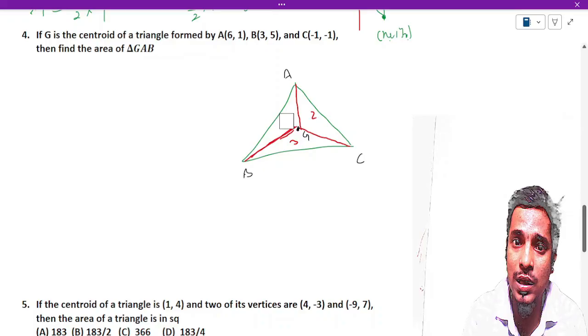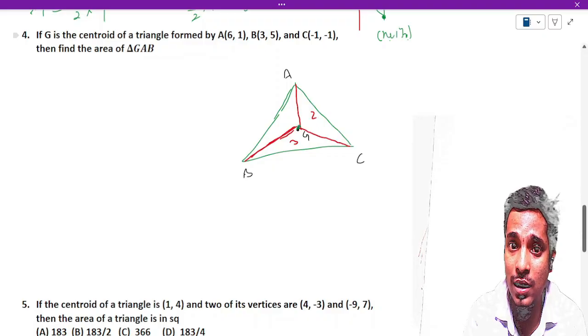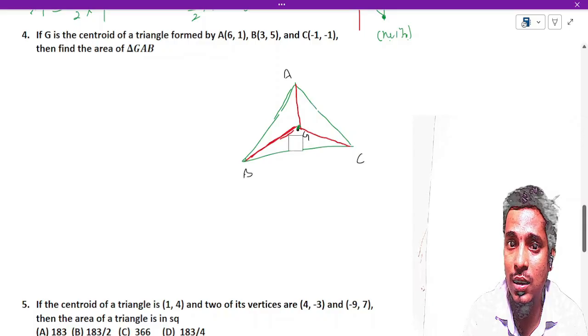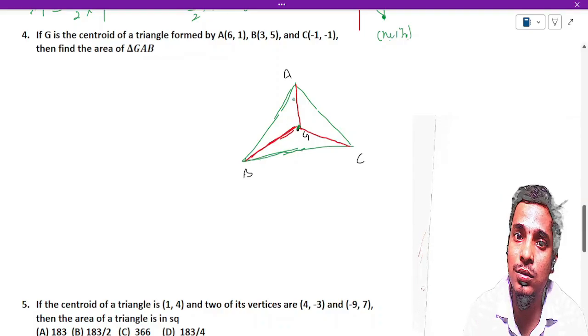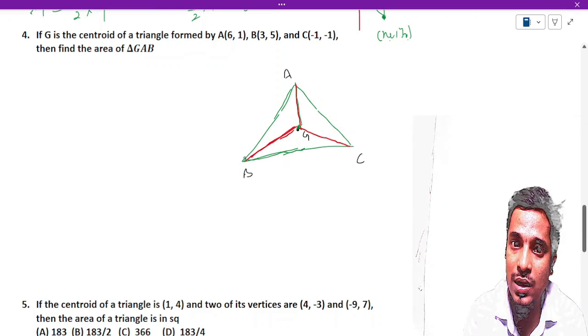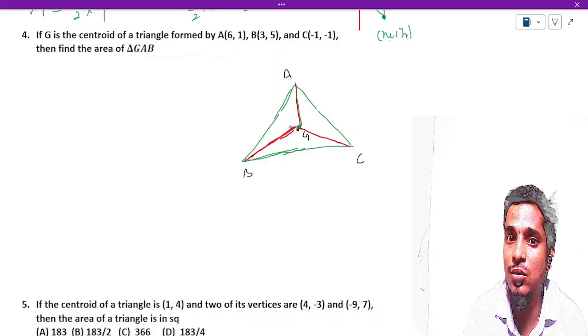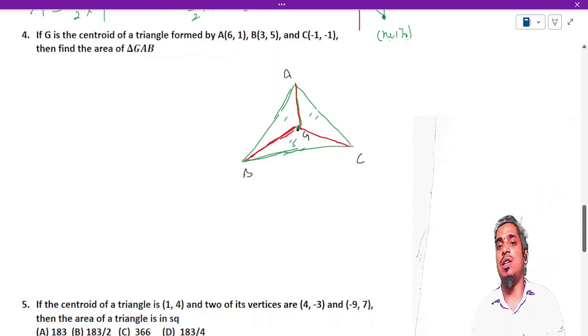I mean the triangle formed by the centroid of a triangle with the other two vertices will give equal area. The derivation of this is not needed for now. So triangles AGB, AGC and BGC, these three triangle areas will be equal with each other.